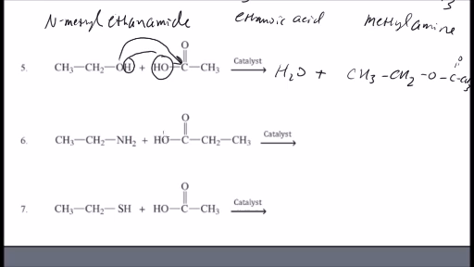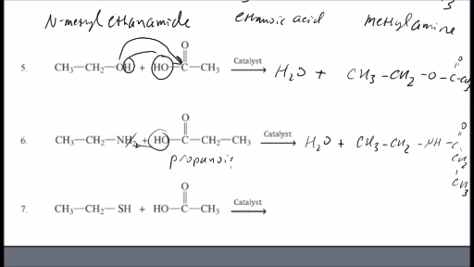Same thing here. We're going to see this OH and one of these H's come together, and we're going to have water. And we have the N-ethyl. In this case, we started with propanoic acid, so it's not a reverse of one of the ones we did before.